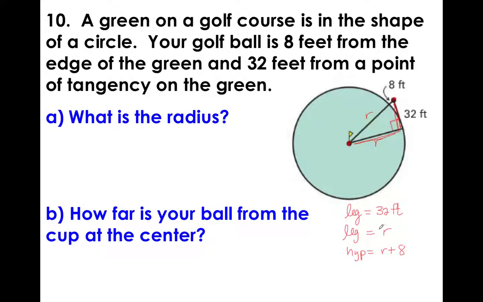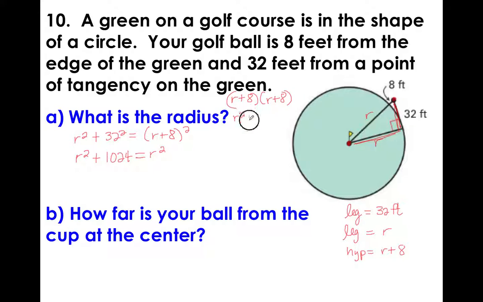And so now I take what I have and plug it in. So I have R squared + 32 squared is equal to (R + 8) squared. That means that I get R squared + 1024 is equal to, remember, it's (R + 8) squared.